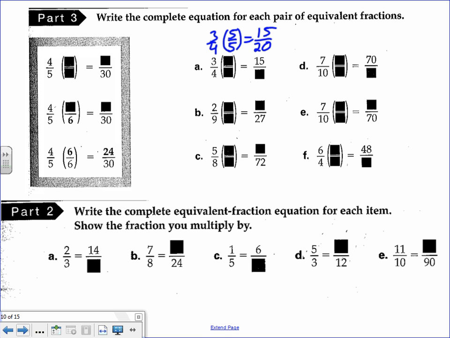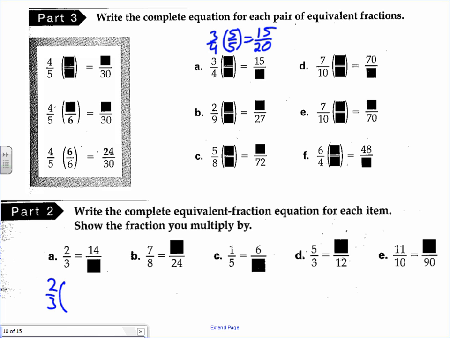Now, we're doing the same type of thing at the bottom here. Okay, we've got one piece missing, but it says to write the complete equivalent fraction equation for each item. Show the fraction you multiply by. So we're taking the 2/3. I'm going to put parentheses for the fraction that I'm multiplying it by, and it's going to equal 14 over something.